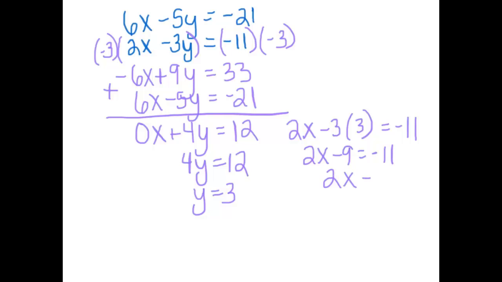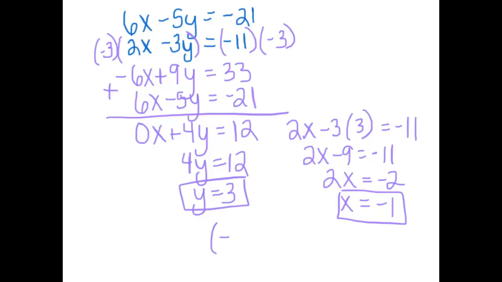If we add 9 to both sides, we get that 2x equals negative 2, so x is equal to negative 1. If we wanted to write our answer as an ordered pair, we would write that as negative 1, comma, 3. If we were to graph those lines, that's the point where they would intersect.